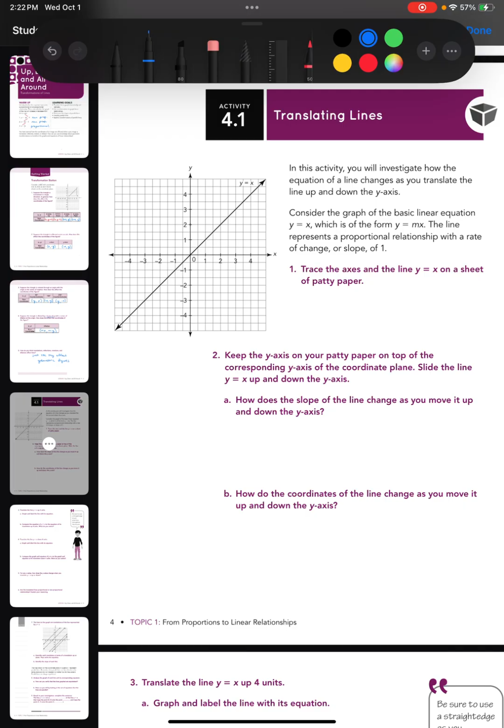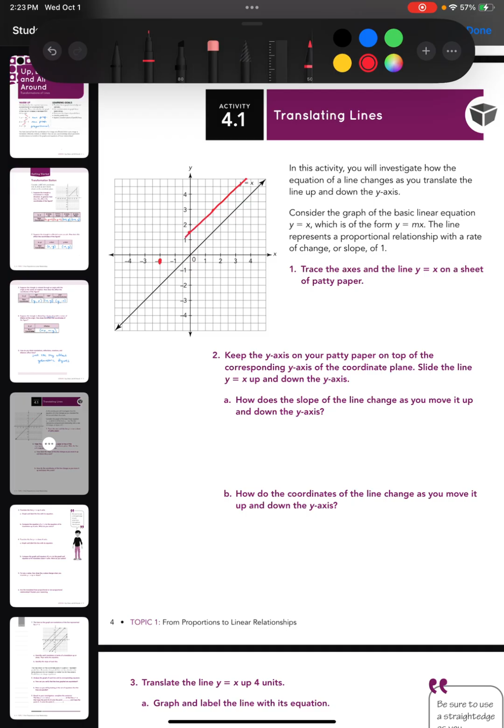So it says trace the axes and the line y = x on a sheet of patty paper. Again, doing this digitally, so I'm not going to trace it. I'll draw it onto the graph. And then keep the y-axis on the patty paper on top of the corresponding y-axis, and slide y = x up and down. All right, so if we slide it up, for instance, I'll make a line where every point is moved up 3.